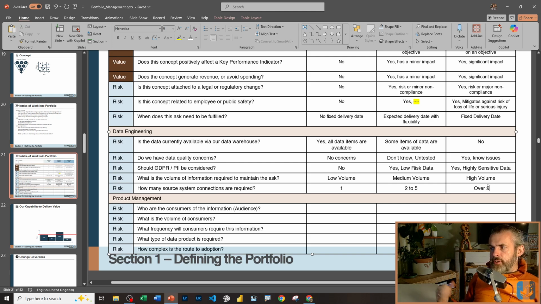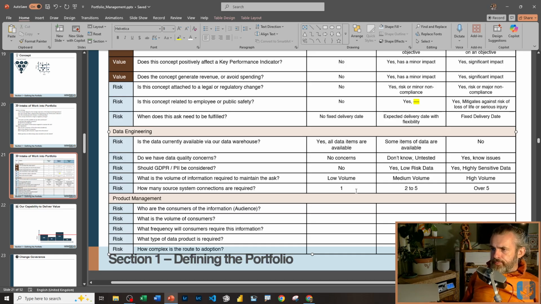So we might say, right, there's over 10 systems that need to be considered to fulfill this ask. Whereas if you've only got 3, well, we might just score this out of 1, 2, and 3. So again, going back to the relative scoring, it's what fits specifically with your business, I suppose. Okay.